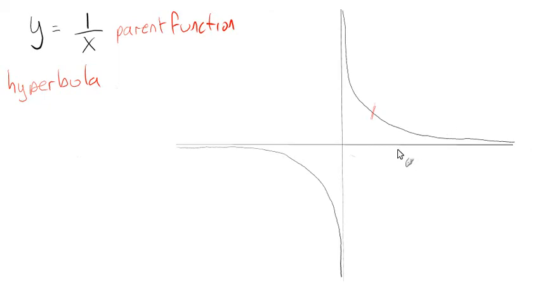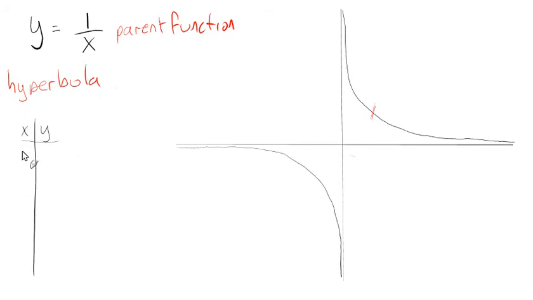Why does that happen? Well, what we're doing is as we move this direction, x is getting bigger. So we're taking bigger and bigger x's and dividing 1. We're always going to take 1 and divide it by that x. So as x gets really large, what kind of values are we going to get for y? Well, let's start a little table of values here.